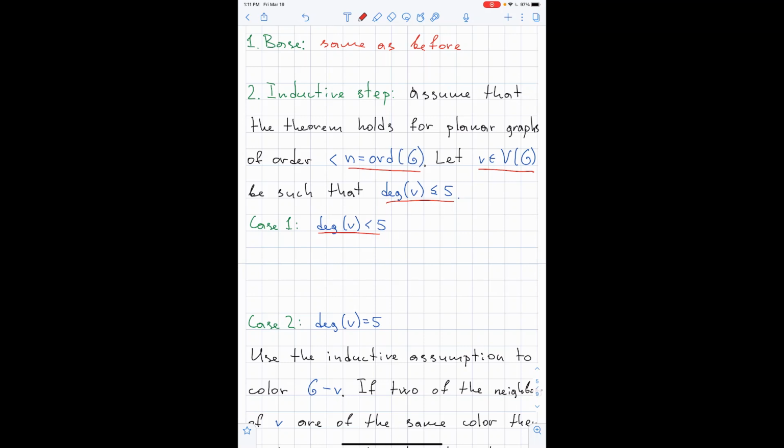So we color G without V by inductive assumption, and then we put V back, and we have enough colors to color it.